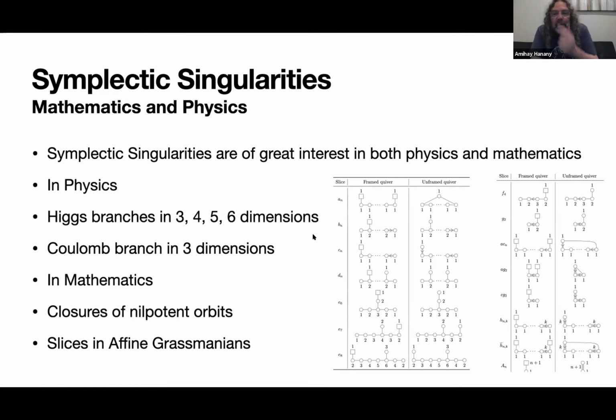And if you use a high amount of supersymmetry, which is more favorable to theory, then you end up with such quivers that we see over here.